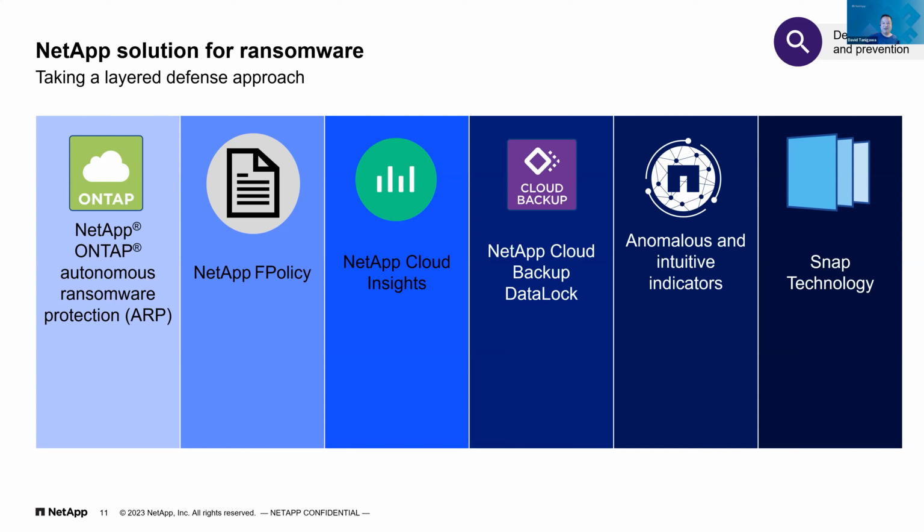Active IQ and System Manager also can help us identify best practice gaps in terms of security or ransomware. NetApp IT relies on Active IQ Unified Manager for monitoring and alerting of our on-prem and CVO instances. And we also regularly review and address AIQ and System Manager best practice gaps.